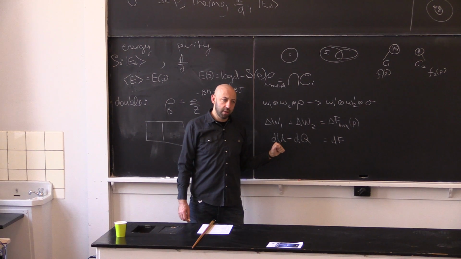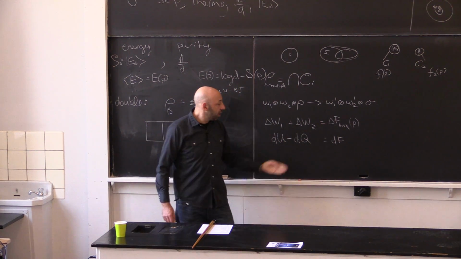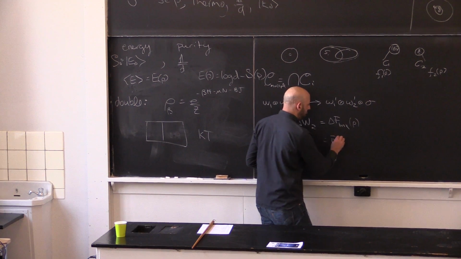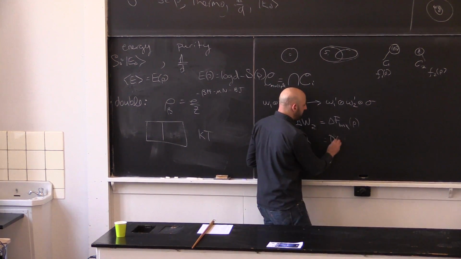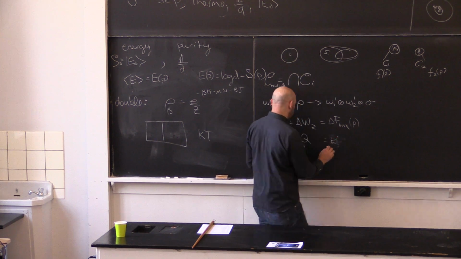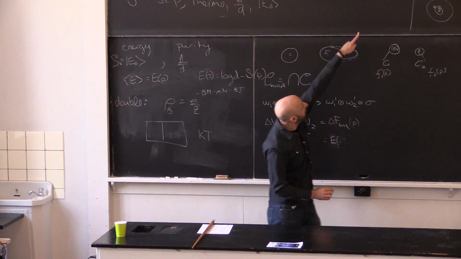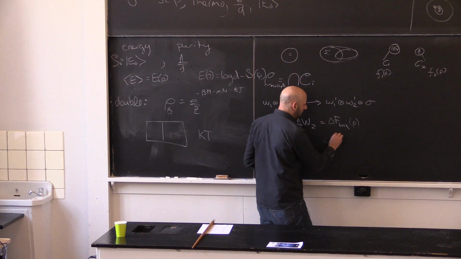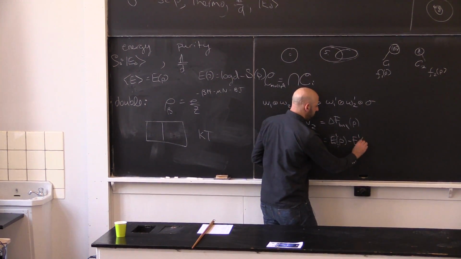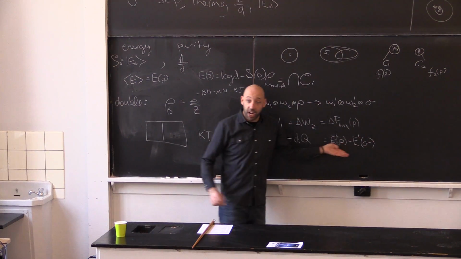Right? So this sigma doesn't appear? The sigma, well, let's write it. This is the relative entropy distance of what I was calling E. So this is E1, let's call it, of rho minus the relative entropy distance of sigma. So that's the change.